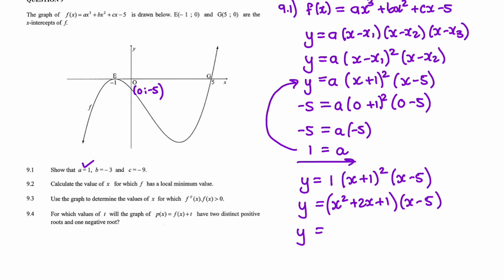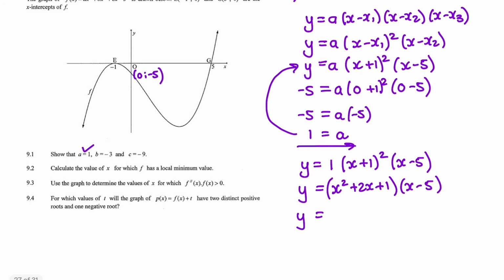If I expand further by multiplying out, I have x³ - 3x² - 9x - 5. Then we can see that b is equal to -3 and the c value is equal to -9. So therefore, b is equal to -3 and c is equal to -9.